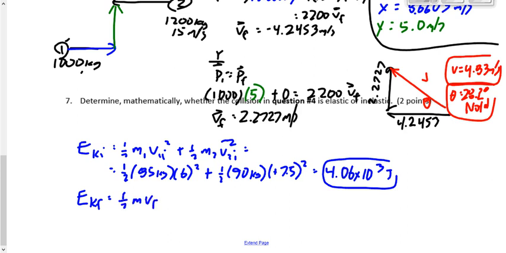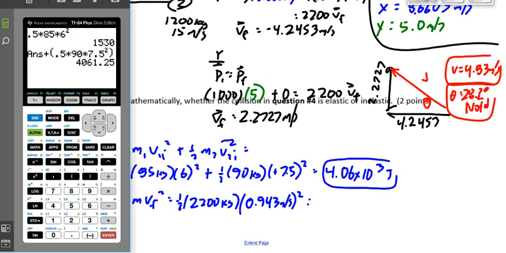Mass total times VF squared. The total mass is 2,200 kilograms, and the final speed we had calculated to be 0.943 meters per second. So 0.5 times 2,200 times 0.943 squared gives me a value of 978.